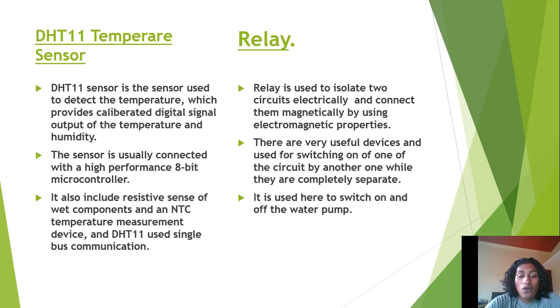They are often used whenever an electronic circuit working at a low voltage has to be interfaced with an electrical circuit working at a very high voltage. It is used here to switch the water pump on and off.